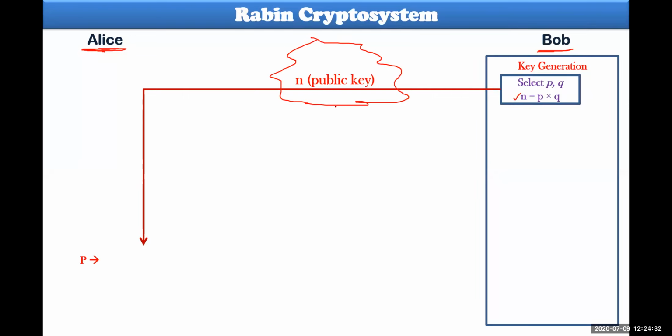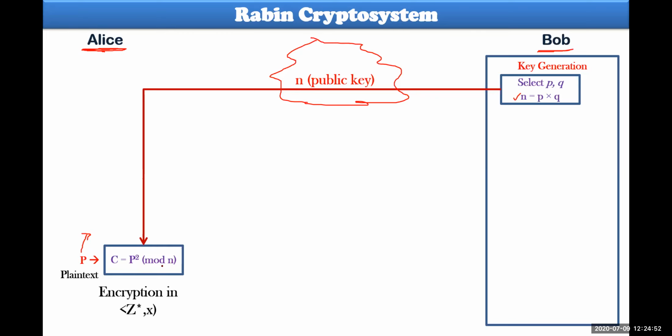After that, the public n is received by Alice, and she prepares the plain text. She considers a message, the plain text, capital P, and C will be equal to P square modulo n. With this, the ciphertext is prepared.